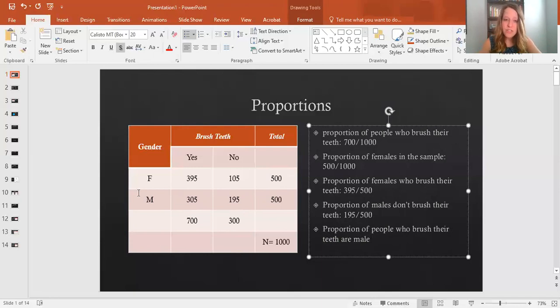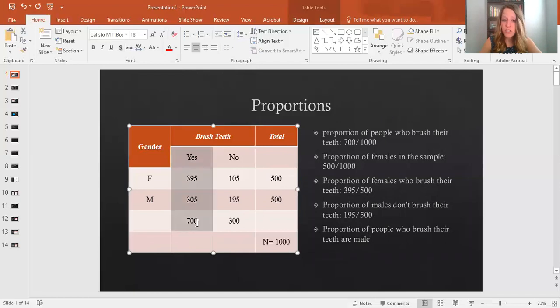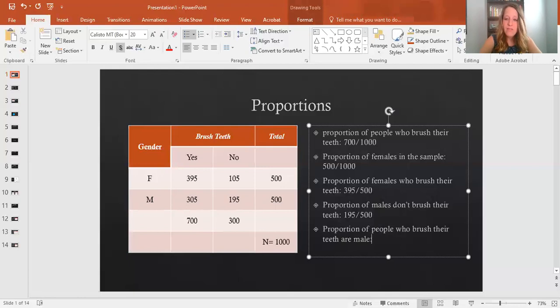We're just interested in the people who brush their teeth. So this time, our denominator is going to be the 700, and we want to know what proportion of that 700 are male. Out of the 700 total people who reported that they brushed their teeth, 305 of those were male, so we have a proportion of 305 over 700.